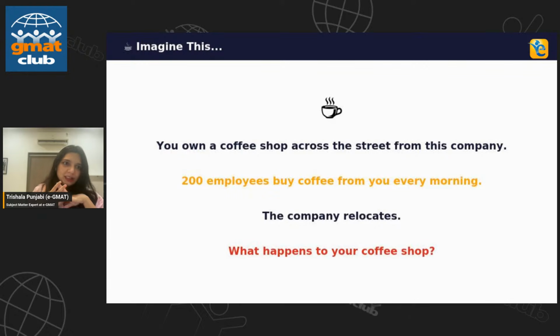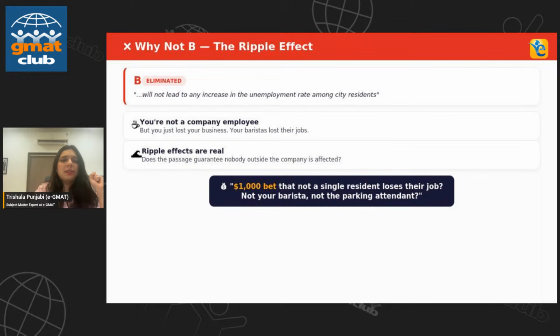That tiffin service, those people will be unemployed. Let's say they were going into cabs, a lot of cabs. Those cab drivers will now be unemployed. So, because the company has relocated, a lot of people who were basing their livelihood on this company would now be unemployed. Okay, with this in mind, can we say that it will not lead to any increase in unemployment rate among the city residents?